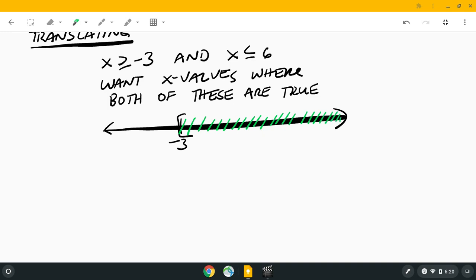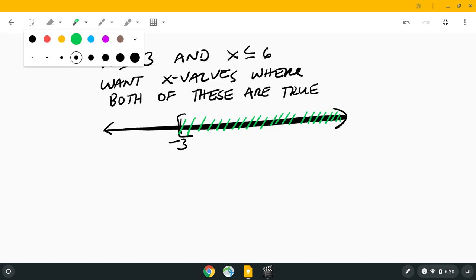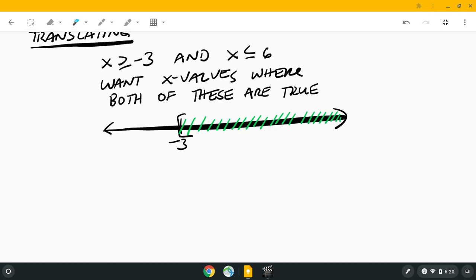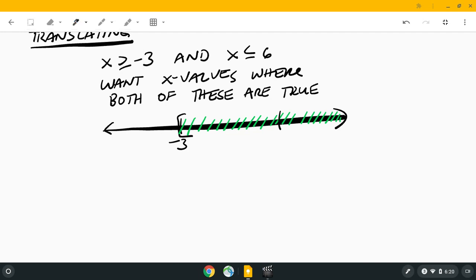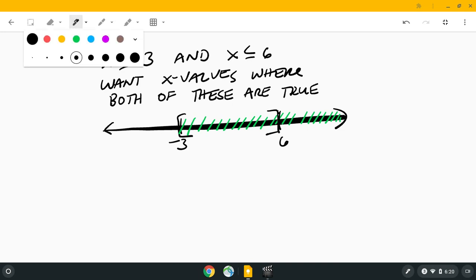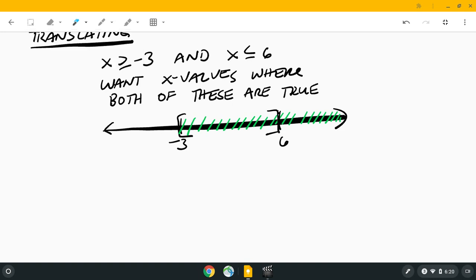And then we also want, I'll do in blue, the x values that are less than or equal to 6. So let me put 6 over here. Less than or equal, so we're going to be going this way, and I'll do it in blue.